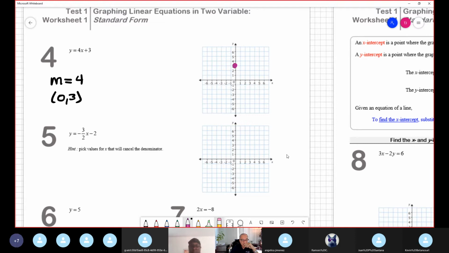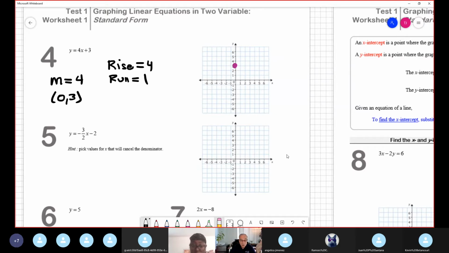(0,3) is that point. And I know then that slope is the ratio between rise and run. Therefore, in this specific example, run is 1 and rise is 4. Because it's not a fraction, it's a whole number, then you suppose it's over 1. Then I move upward: 3 plus 4 is 7.